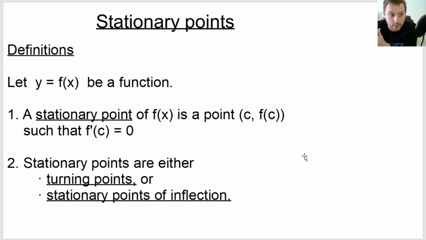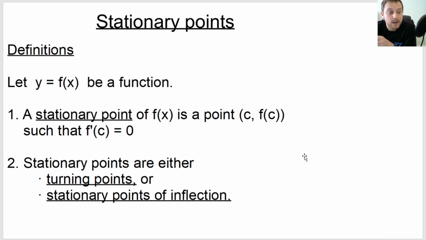definition number 2. So now we know what stationary points are, where the derivative or gradient equals 0, there are two possibilities of what they could be. They could be turning points, which is what this section is called, section 4.5, turning points.